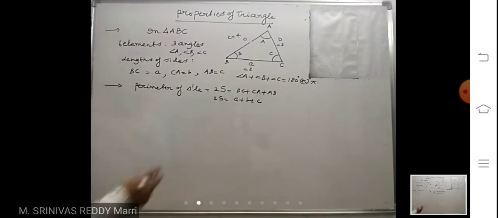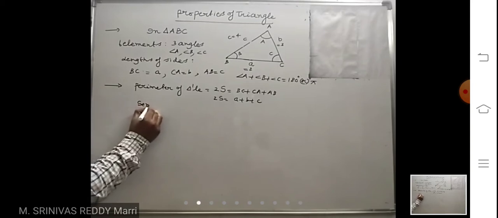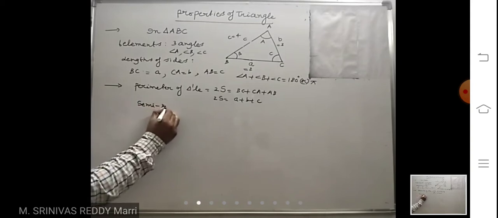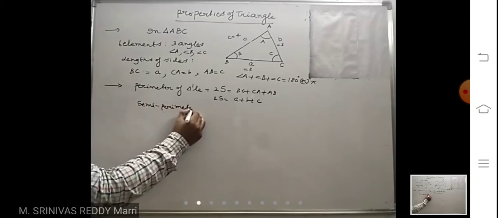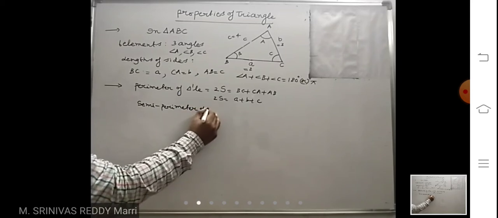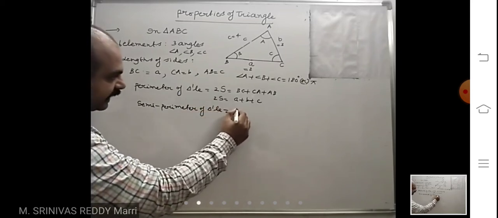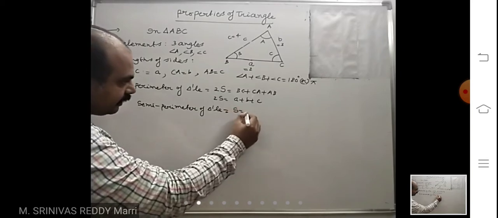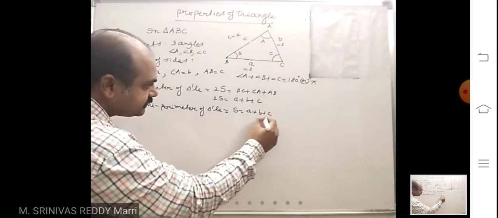This is notation. So next, semi-perimeter. Semi-perimeter of triangle is denoted by S equals a plus b plus c by 2.